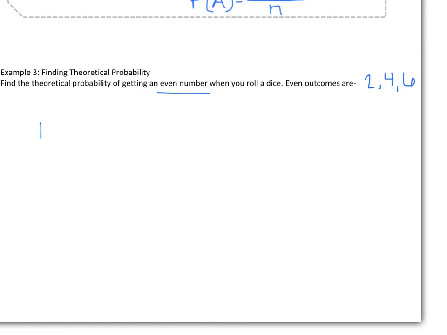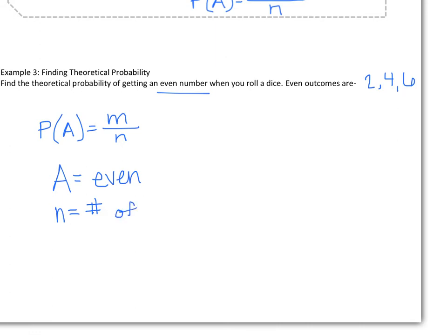So remember that we're going to do probability of A equals m on top, n on bottom. Well, first of all, A is what we want, and what we want to get is an even. n is number of all possible outcomes.